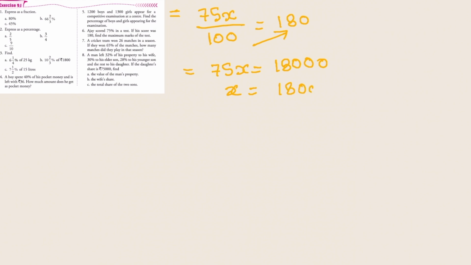Like this. This will go and multiply: 18,000 = 75x. What will be the answer?